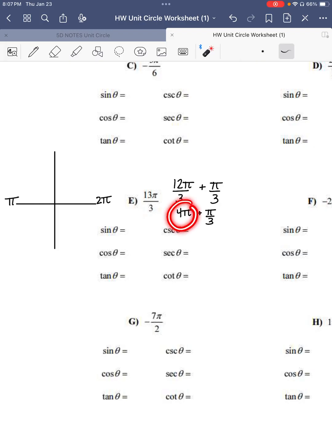So what is 4 pi? Well, that's just twice around. That would be 2 pi, so 4 pi would be double that. So that's 4 pi radians. 2 pi, 4 pi. Now I have an additional pi over 3 radians.